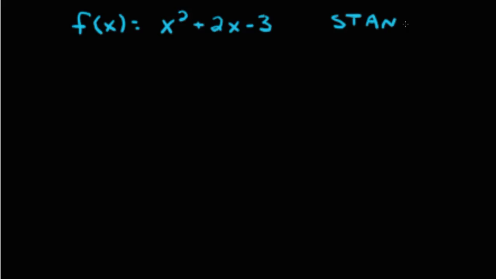So if we have, and we'll use the problem that we just did, f of x equals x squared plus 2x minus 3, and we're given a problem, go from standard to vertex.